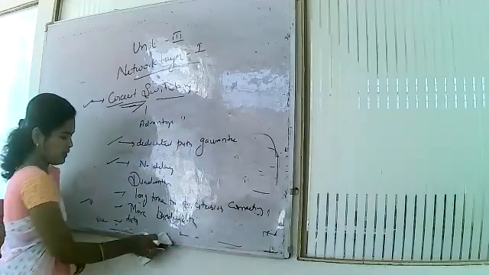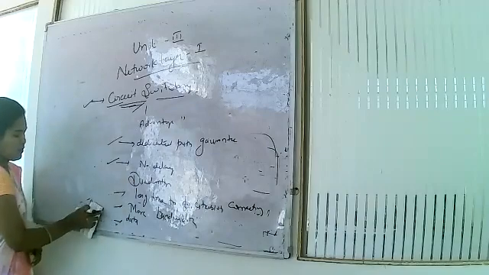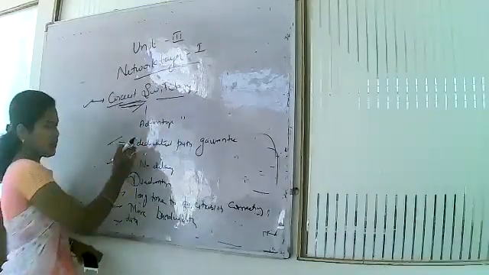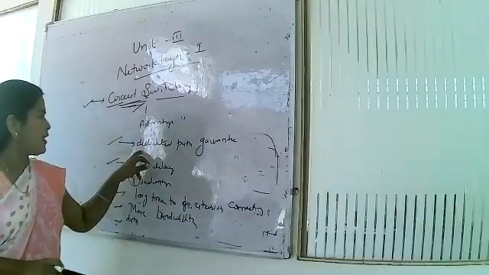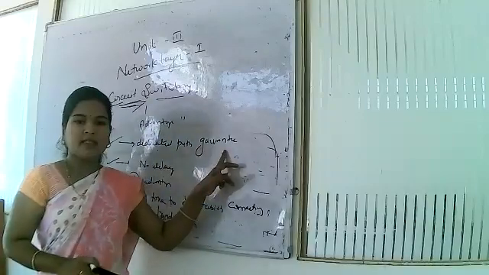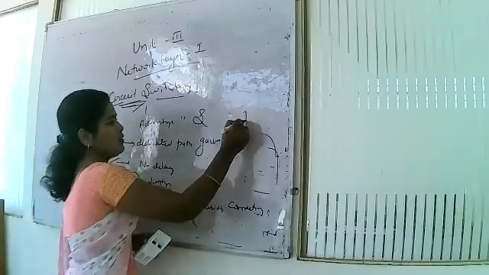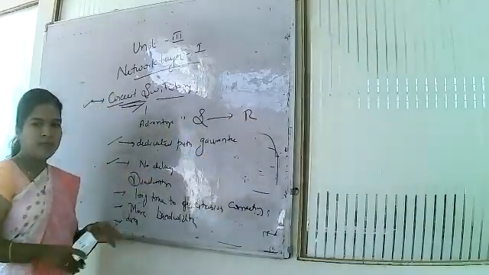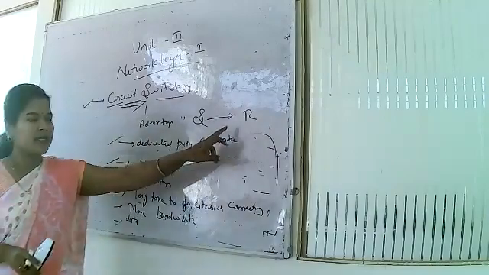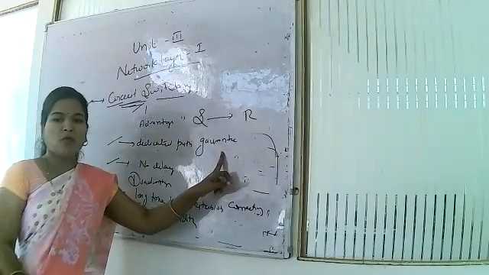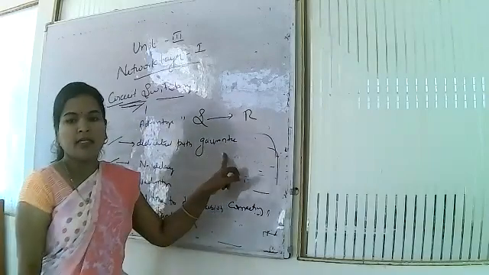See, these are the advantages of circuit switching. A dedicated path is guaranteed between the sender and the receiver. Are you getting my point? If I want to send data from sender to receiver, there is a guarantee that there is no loss of data. That is the first advantage. Second, there is no delay when sending data from one to another.